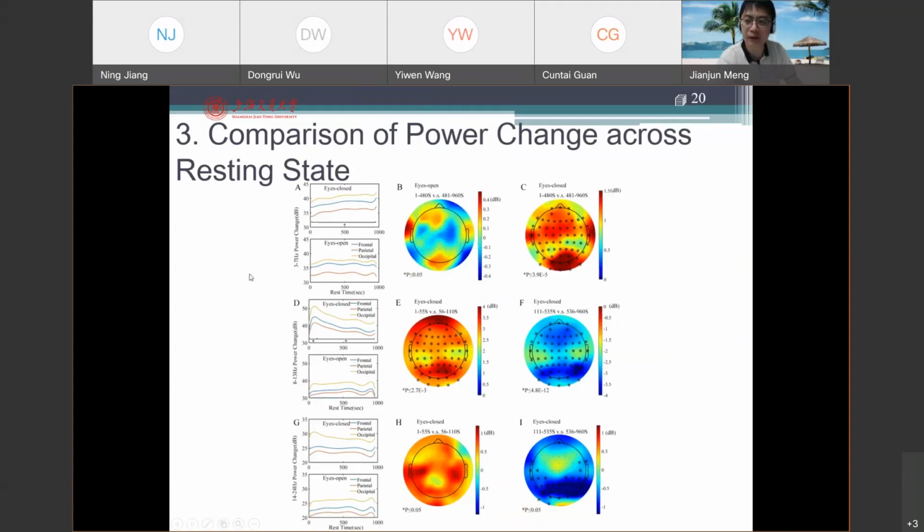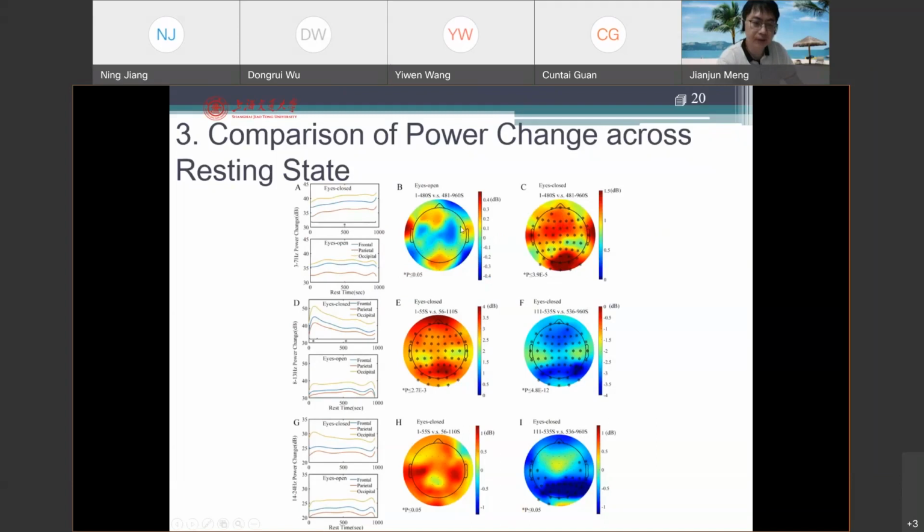First, the theta band power analysis is in the first row in subfigure A, and the theta band power had significantly increased during the eyes closed rest, but remained basically unchanged during the eyes open rest. The alpha power under eyes open rest kept no significant change across the session, but the change of alpha band power displayed a different tendency under the eyes closed condition.